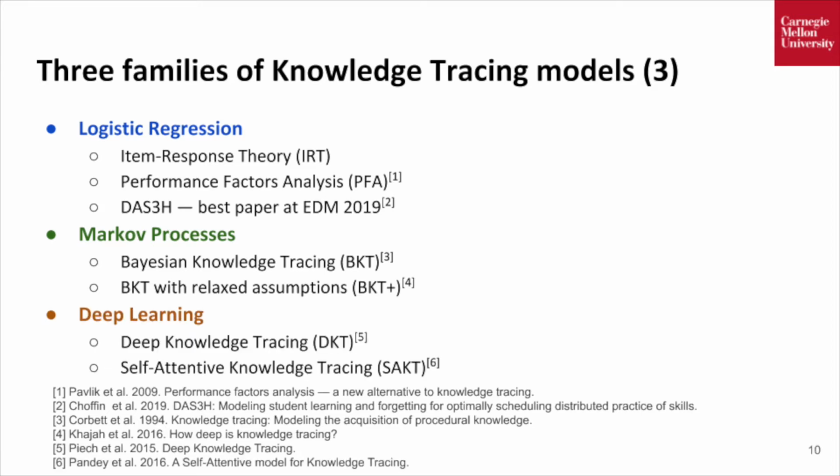The third and final family, deep learning models, made its apparition in the EDM community more recently with deep knowledge tracing, DKT, a recurrent neural network applied to the knowledge tracing problem. In our experiments, we also include self-attentive knowledge tracing, SAKT. In the subsequent slides, I will highlight algorithms by their family's color.